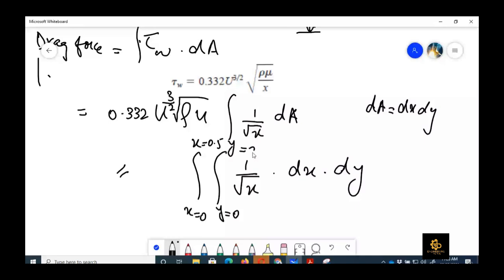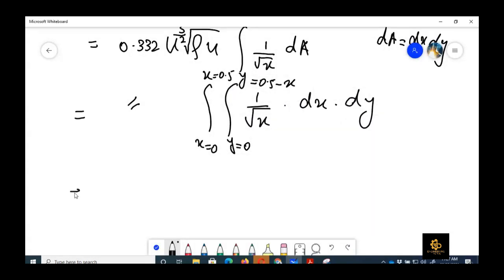That is the limit for y. And now what can we do? We need to first of all integrate in y. Because 1 upon x and dx are not a function of y, so we can say that.